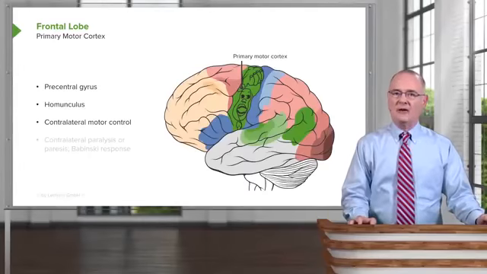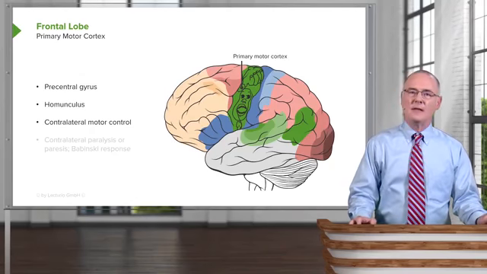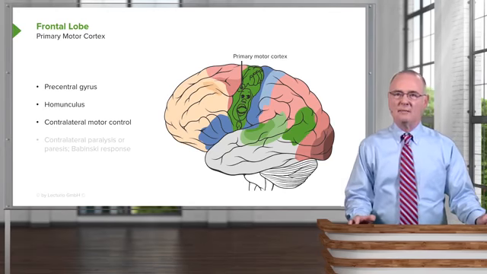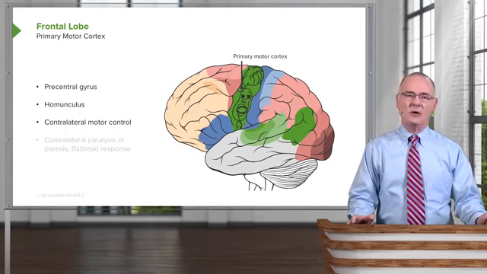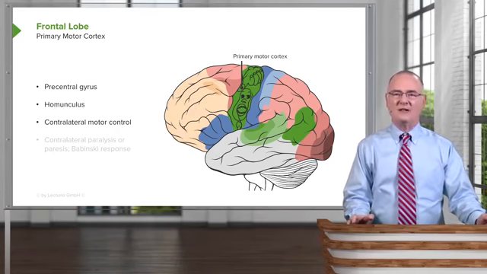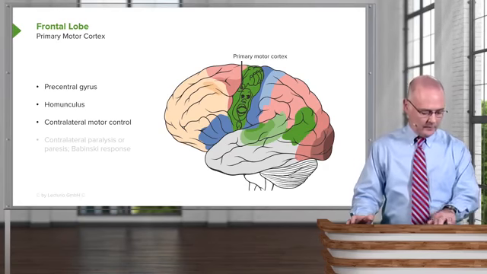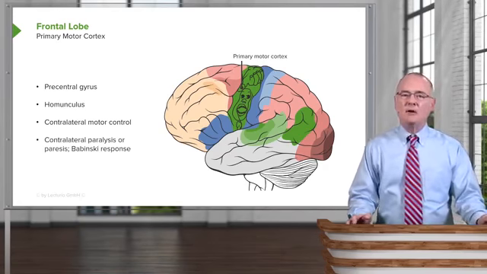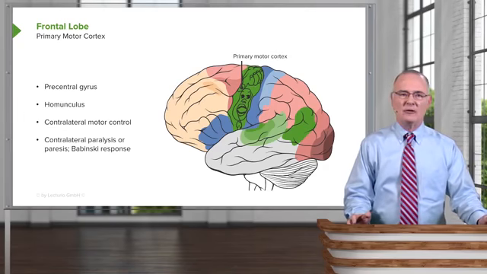An important aspect about motor control is that the motor neurons on one side, here we're looking at the left precentral gyrus, are going to control the contralateral muscles, those that lie then on the right, in this case. What might happen if there's a lesion within the precentral gyrus?